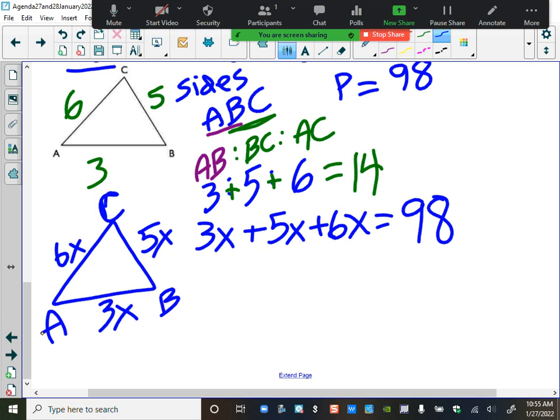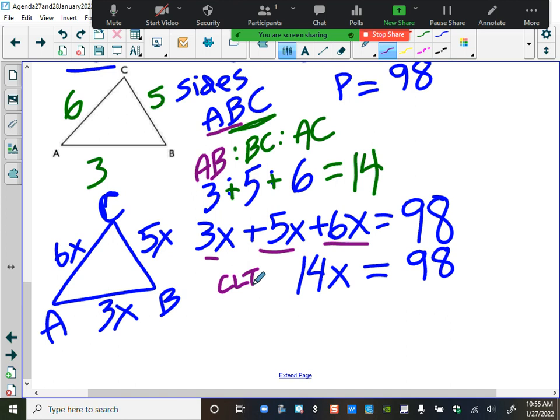Then if we had 3x and 5x and 6x, so 14 with an x added to it equals 98. Add them up, we get 14x. That's right, combine like terms. So we're at 14x equals 98.